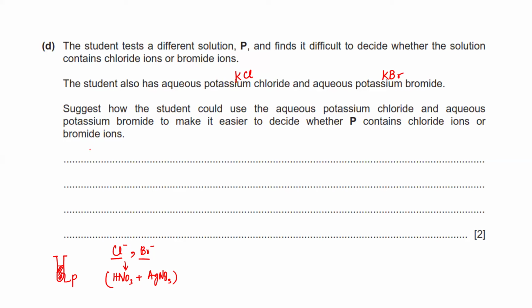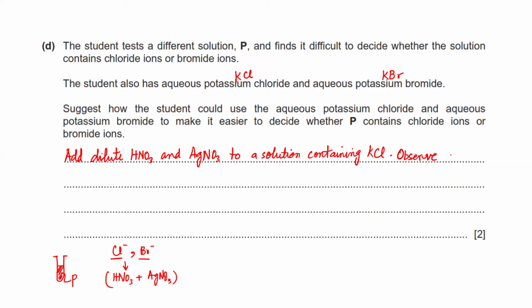So let's write it down. Add dilute HNO3 and AgNO3 to a solution containing KCl, observe and record the color of precipitate. Repeat with KBr solution.